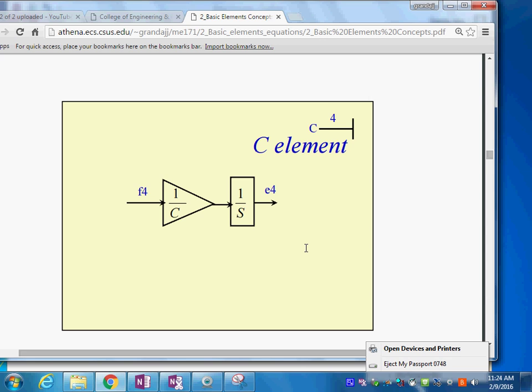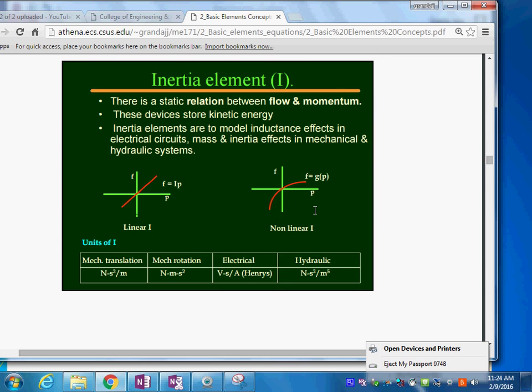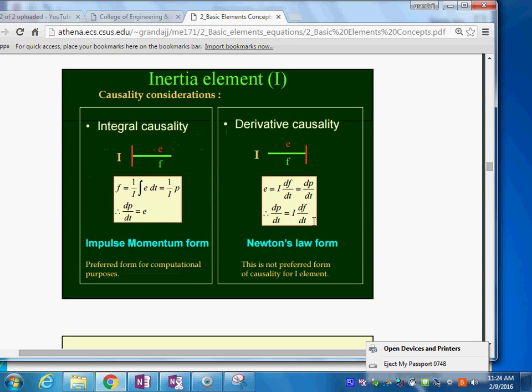Computers are not so good at differentiating because of numerical instability, or if the slope under a curve goes close to 90 degrees, then that constitutive law becomes difficult, because differentiating is not in the best interest when those numbers get close to infinity and you get a memory overflow. So we prefer the integral form.